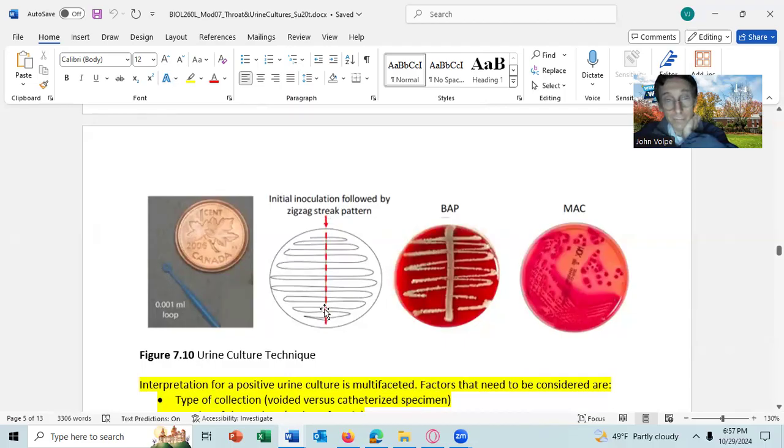And then you streak it on the blood agar that way and then across this way. And you look at the growth growing on the blood agar, and then you take a sample and also grow it on either MacConkey's or EMB plate to ascertain for gram negatives.